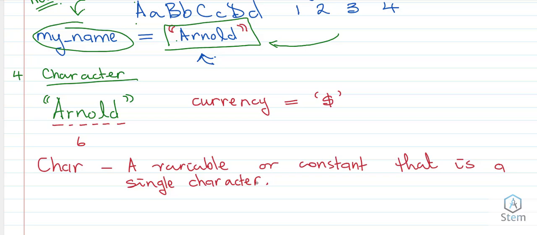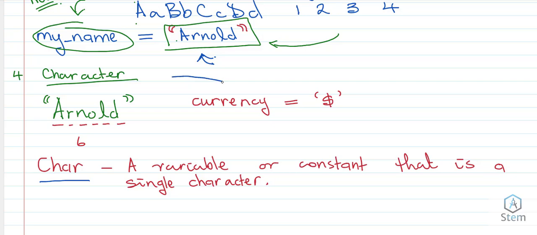There is our definition of character. And you may be surprised, when did Arnold become so lazy to write it as car or a char? The reason why I write it as char is character is never written in full.